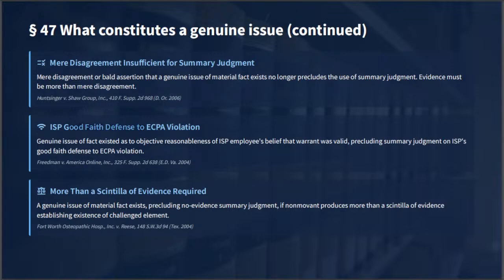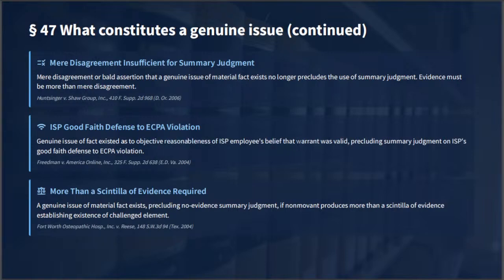ISP, good faith defense to ECPA violation. Electronic Communications Privacy Act, I think. Genuine issue of fact existed as to objective reasonableness. This is a great term here. Objective reasonableness. Genuine issue of fact existed as to objective reasonableness of ISP employees' belief that warrant was valid.